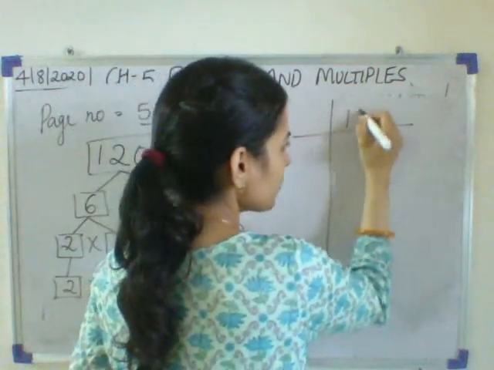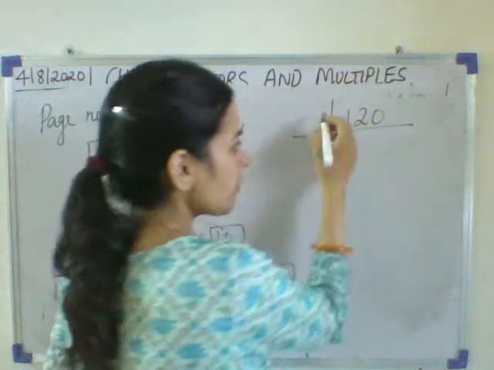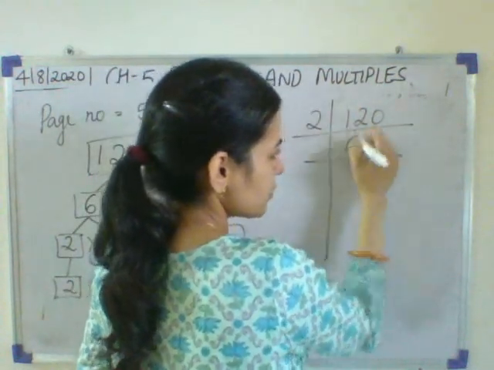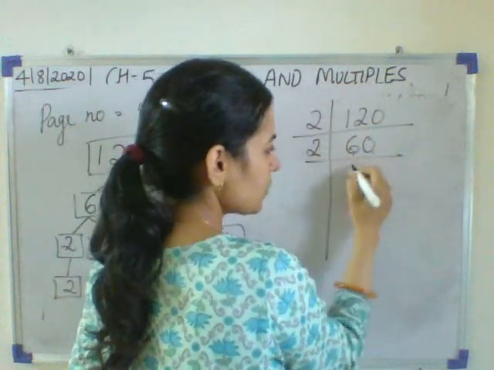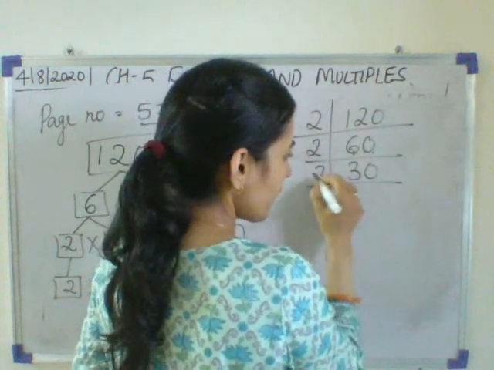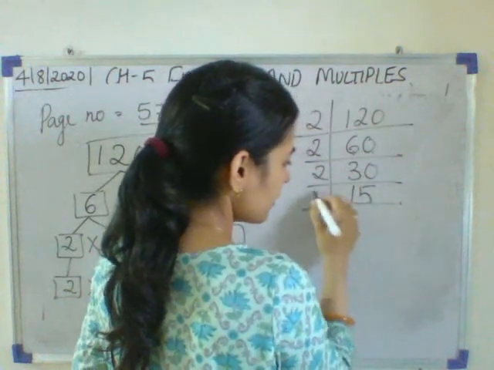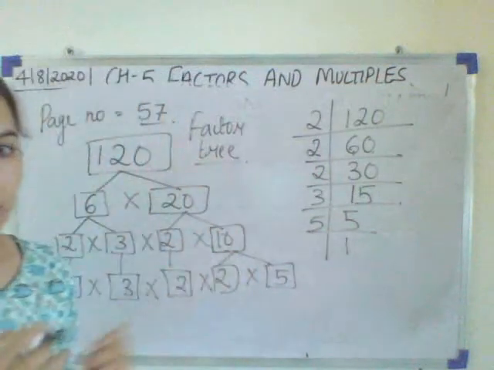The continuous method you will be writing like this: 120. You will be starting with the smallest number, that is 2. 2 60s are 120. Then again 2, it will come 30. If you divide 30 by 2, it will come 15. Then 3 5s are 15 and 5 1s are 5. Like this way you have to do it.